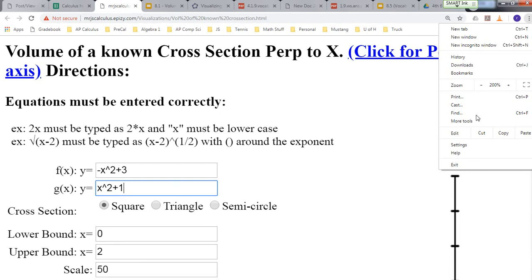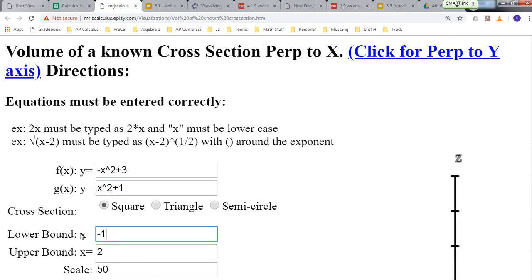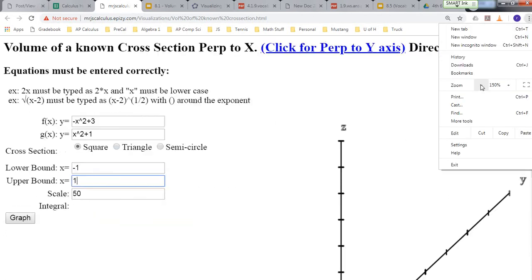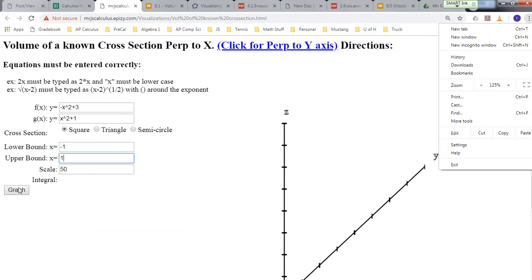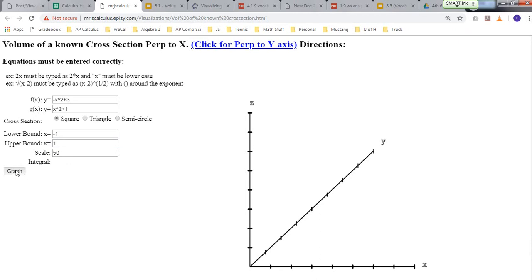And so if I'm going from negative 1 to 1, is that what I'm doing? Negative 1 to 1. If I graph that, you can see that the green and the blue are the bases, and on top of that we're building rectangles. You can kind of watch them paste along there.